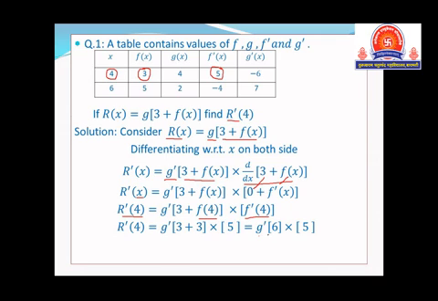Now we want g dash of 6. See the second column, second row in the table. So the values at x equal to 6 are there. So we want g dash of 6 here. So g dash, last column is there. G dash of 6 is 7. Now put this value. So we get 7 into 5 is equal to 35.